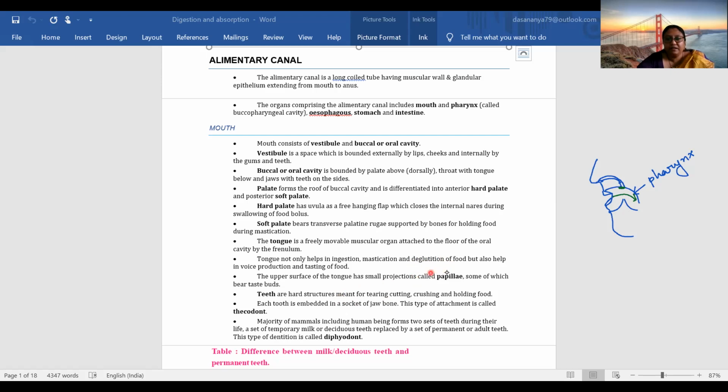Apart from that, each and every tongue has small projections which are called papillae. These papillae in common words are called taste buds. So what are these taste buds?